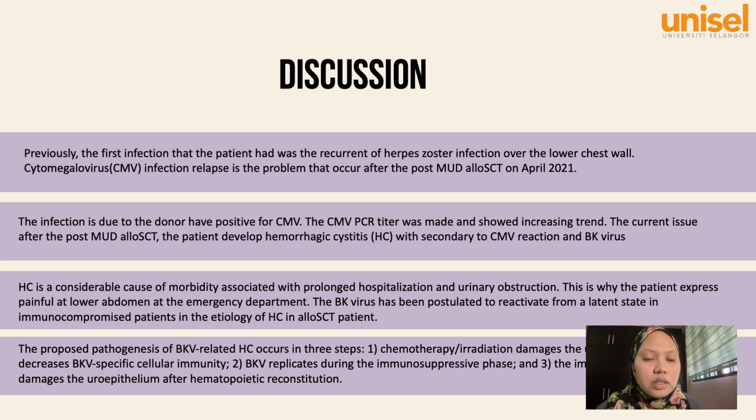So when the donor has positive cytomegalovirus, and they do the post MUD process, the patient becomes infected. Okay, the CMV PCR titer was made and showed an increasing trend. The current issue after the post MUD, the patient developed hemorrhagic cystitis secondary to cytomegalovirus reactivation and also BK virus.